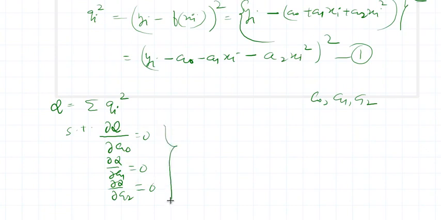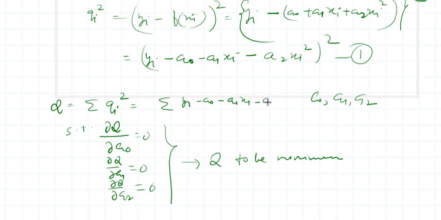So this is the condition for q to be minimum. This is discussed in detail in the earlier lecture. So it is yi minus a naught minus a1xi minus a2xi square, and this is the value of the q.